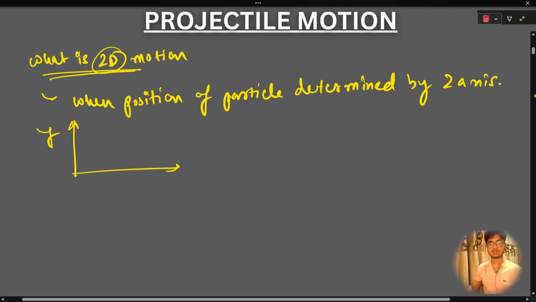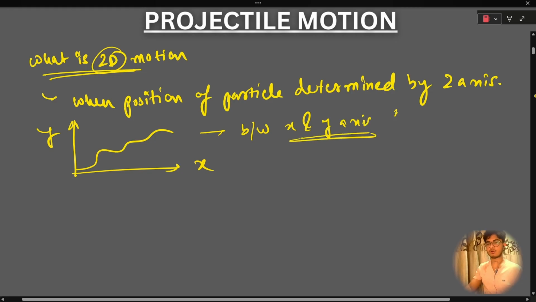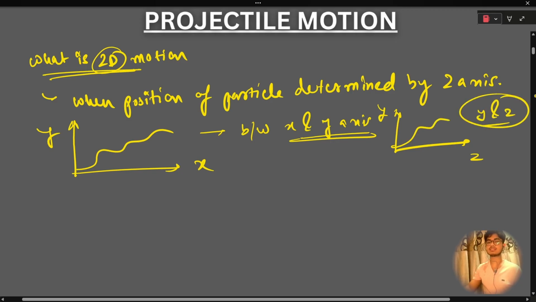Suppose this is the y-axis and x-axis, and a particle's position is like this. So the position is between x and y-axis, or this can be like y and z. This is between y and z axis. So two axes are required to find out the position.